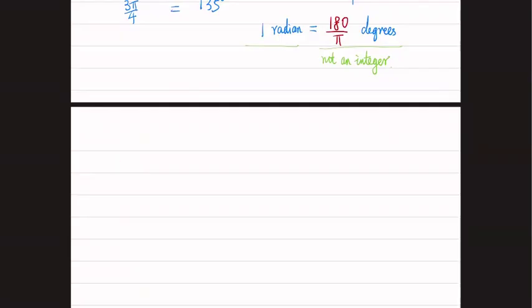Radian, degree, 0. Let's find the corresponding degrees. If the radian is 0, what's the degree?